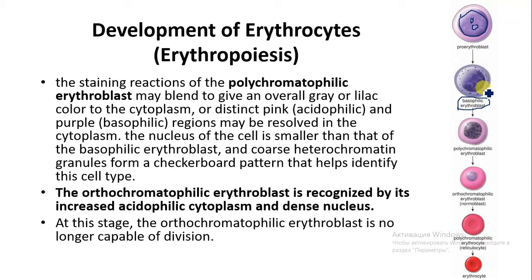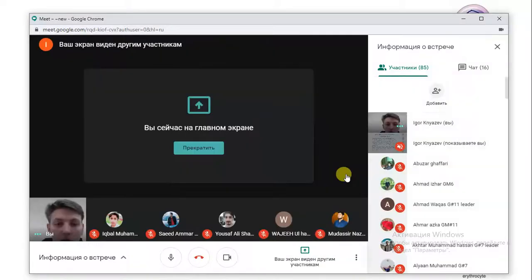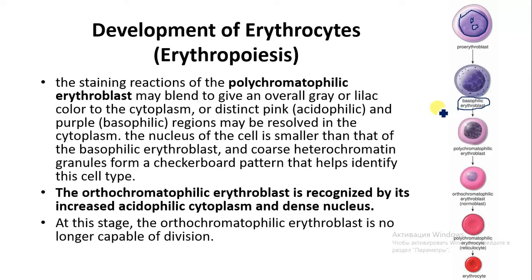And you can understand what the function of ribosomes is: the production of hemoglobin, because the erythrocyte must possess hemoglobin in the end. So these ribosomes require messenger RNAs from DNA to produce hemoglobin.